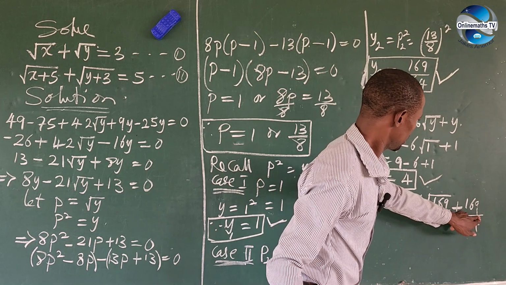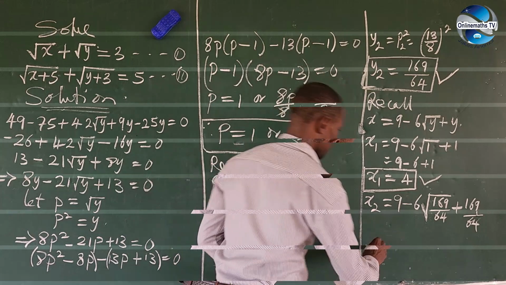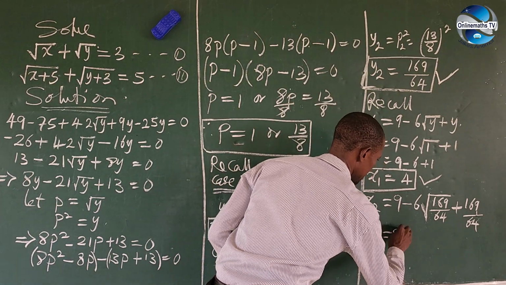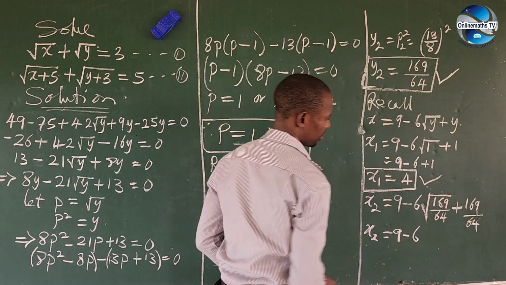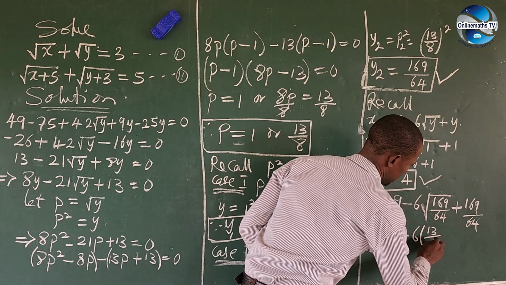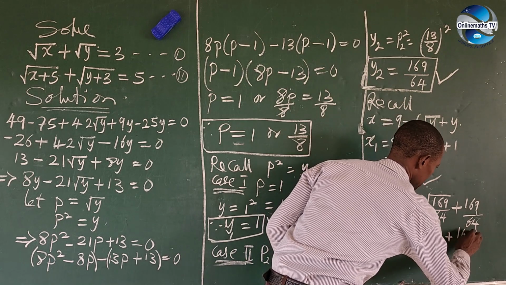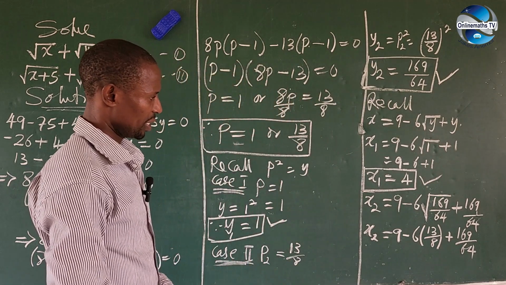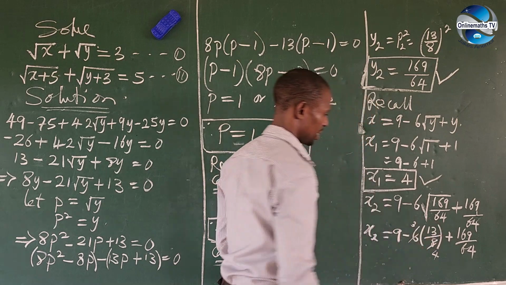Okay. So with this, let's go ahead. This will now give us our x2. This is equal to 9, minus 6. The square root of this will give us 13 all over 8, close bracket, plus 169 all over 64. So 2 here will give us 4, 2 here will give us 3.